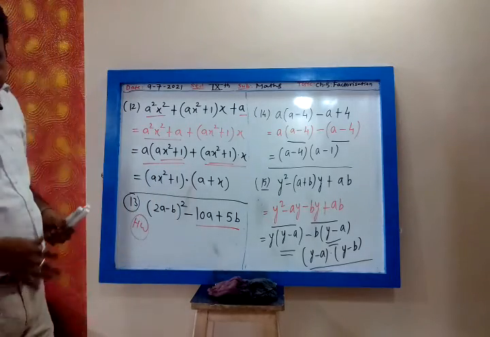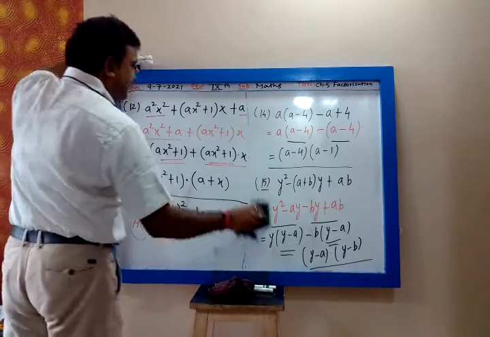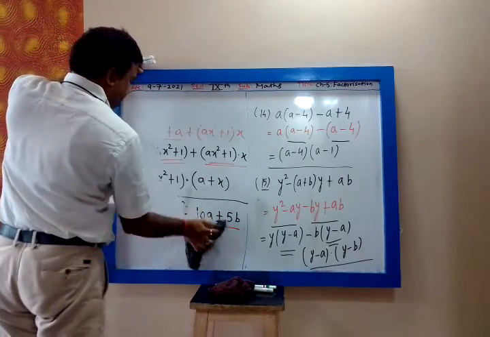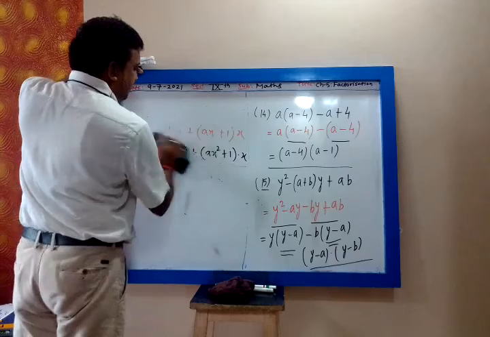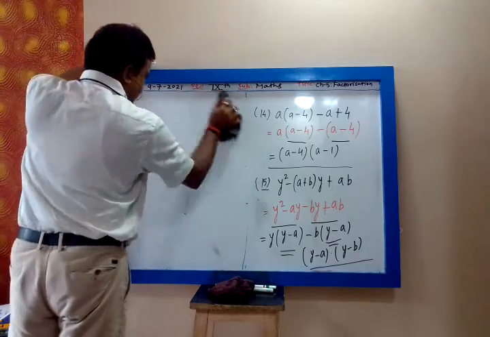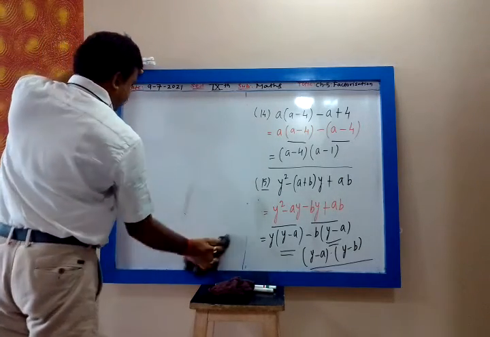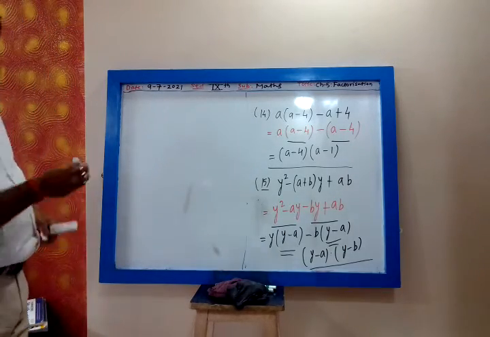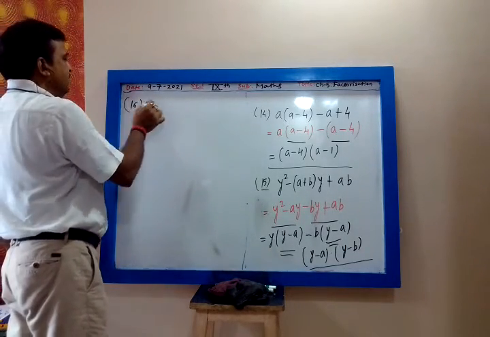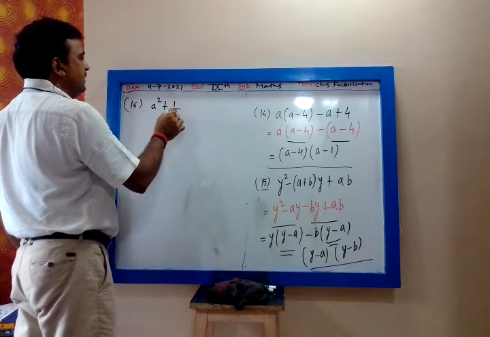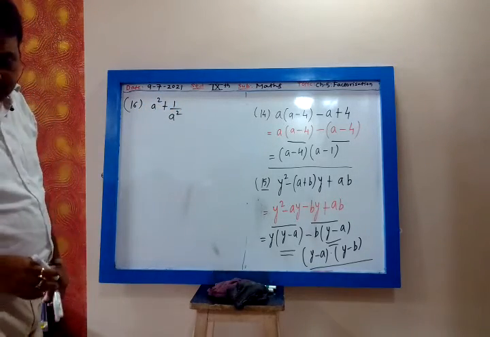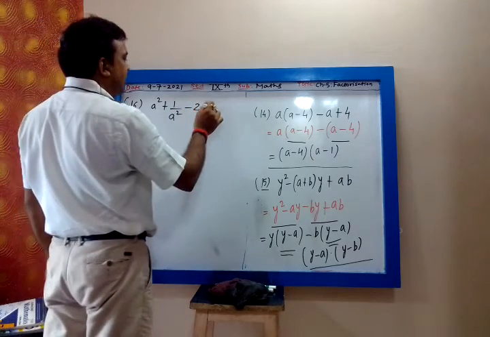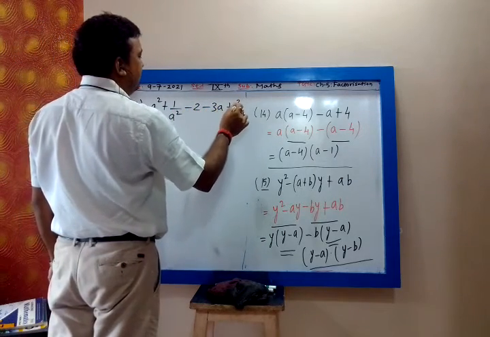Then 16. a square plus 1 upon a square minus 2, minus 3a plus 3 by a, okay.